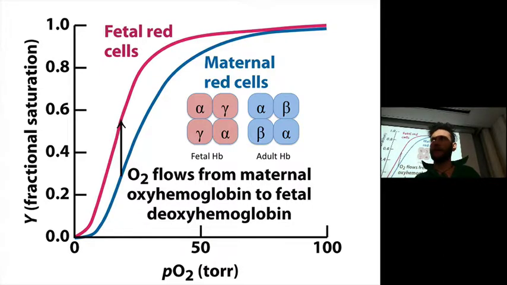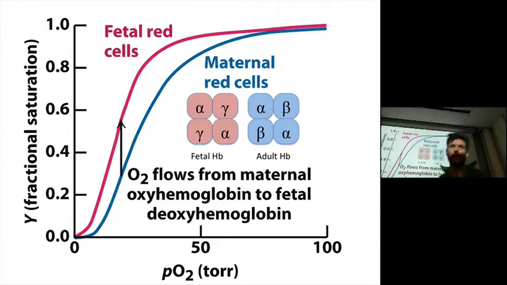What are you guys looking at? We're going to pick up oxygen from the placenta, not from the lungs. Yeah, it's going to take oxygen away from the mother's hemoglobin. At a parity partial pressure of oxygen, the fetal hemoglobin is going to be higher on that saturation curve.